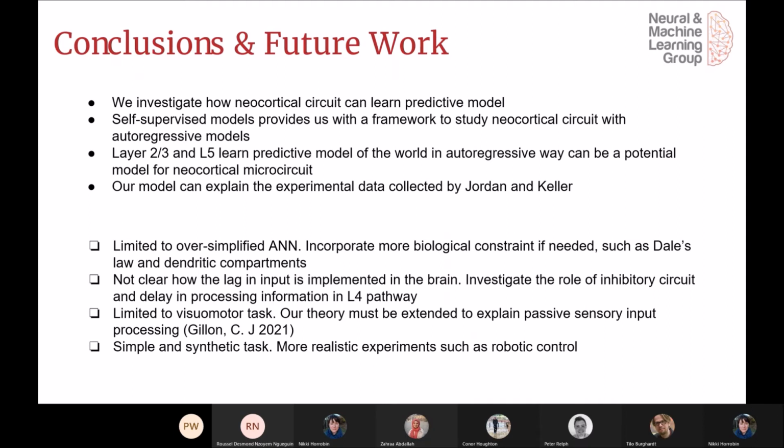For example, in the brain, neurons are either excitatory or inhibitory, but in a neural network, basically one neuron could inhibit one other neuron and excite another neuron. We're also going to add more dendritic compartments, so a neuron has dendrites receiving information from other areas. Also, it's not quite clear how the lag is implemented in the brain.